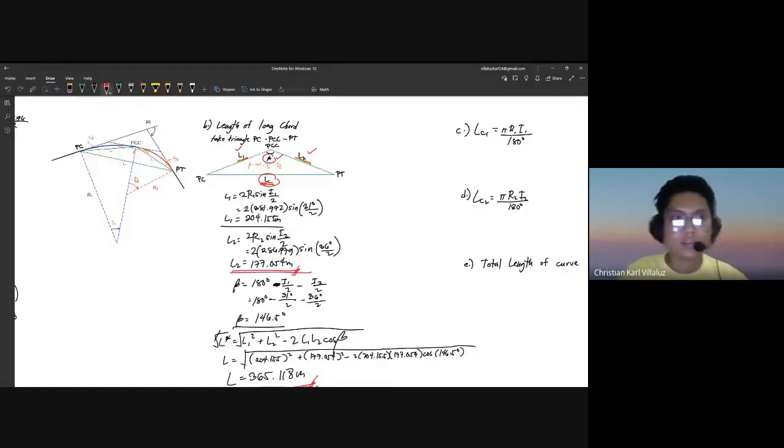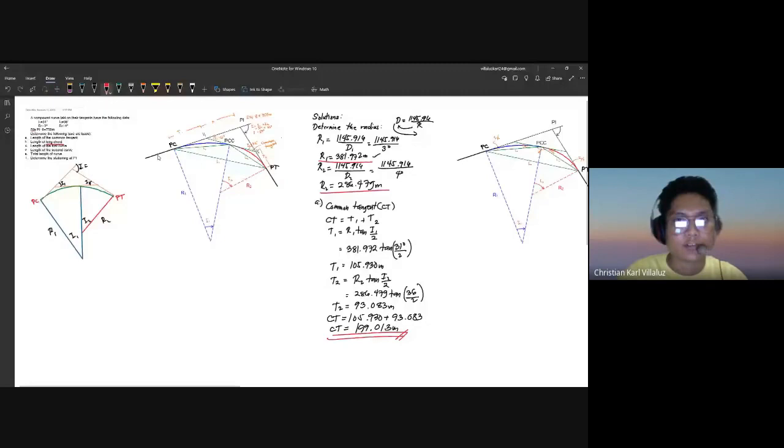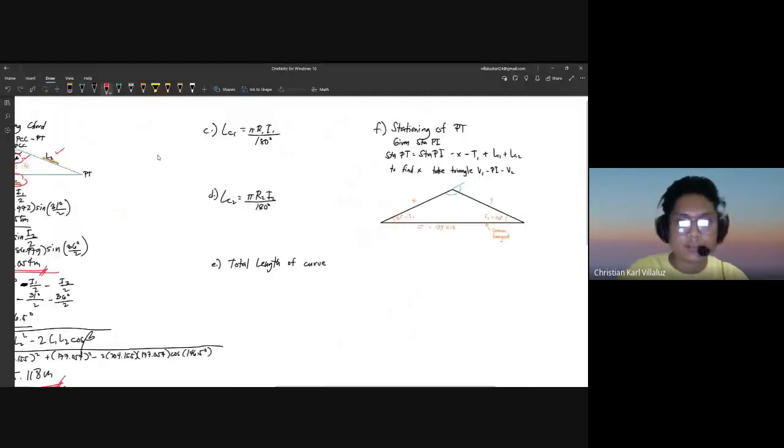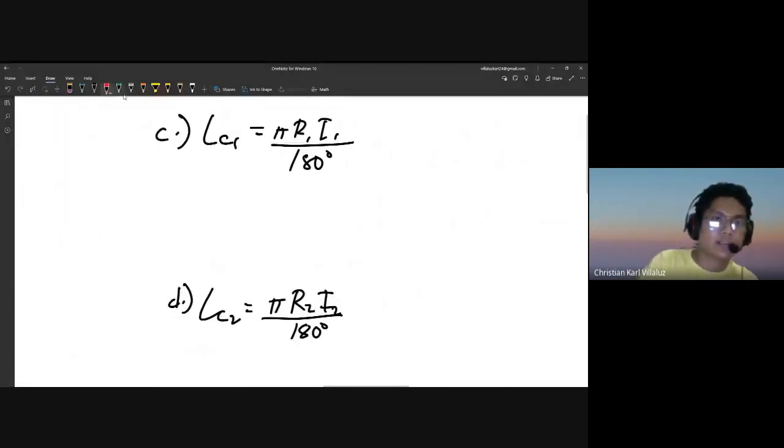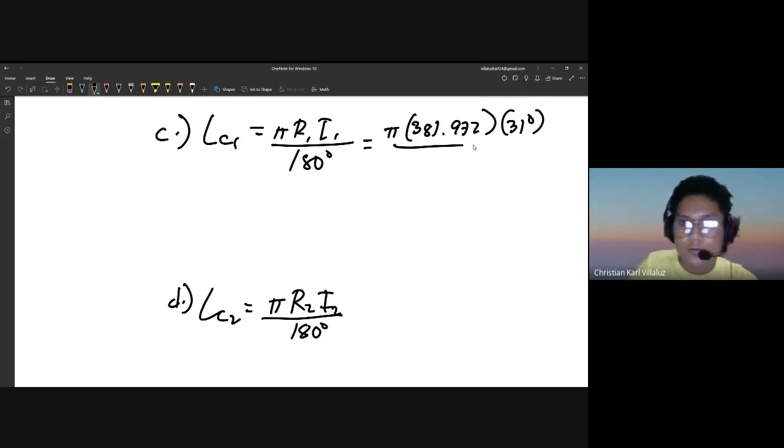Next question. What is the length of the first curve? The length of the first curve, length of arc. So, substitute lang natin yung mga given. So, medyo madali lang. 381.972 times 31 degrees over 180.